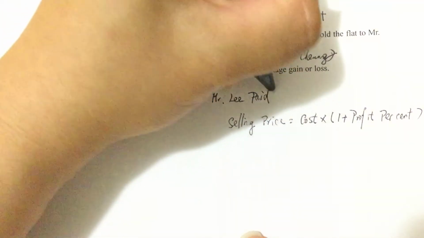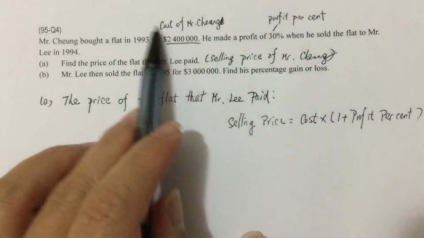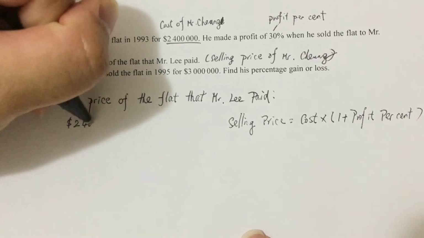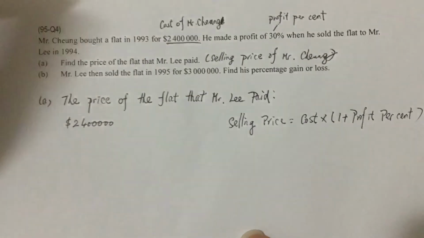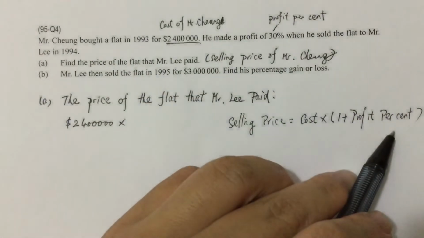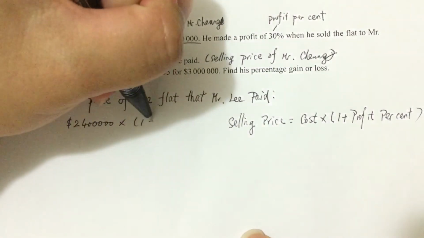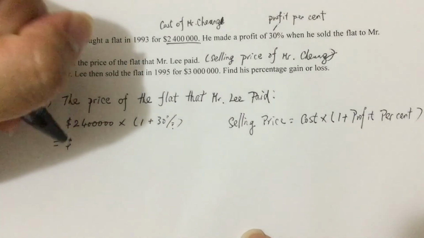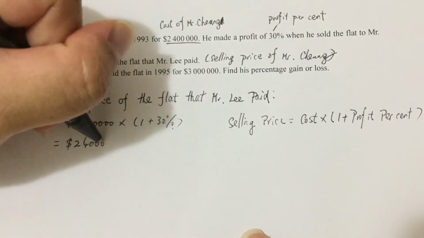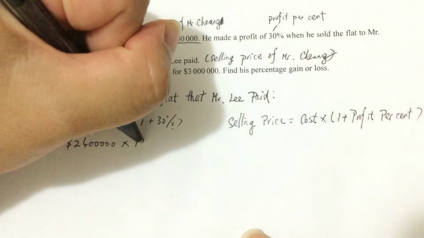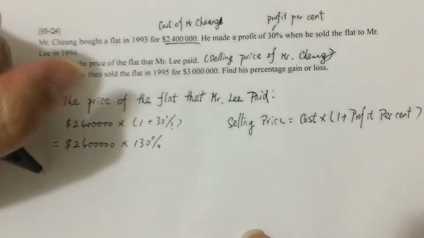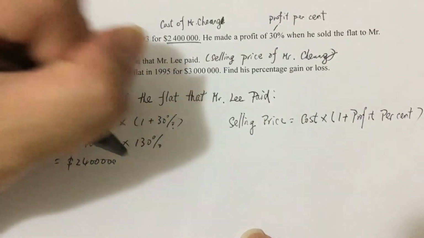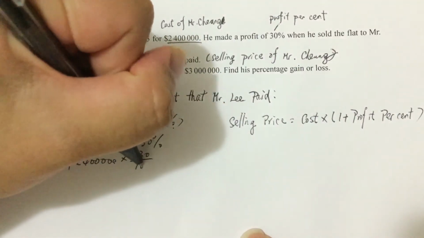The cost is $2,400,000 times 1 plus profit percent, that is 1 plus 30%. So we have 2,400,000 times 130%, which is 2,400,000 times 130 over 100.